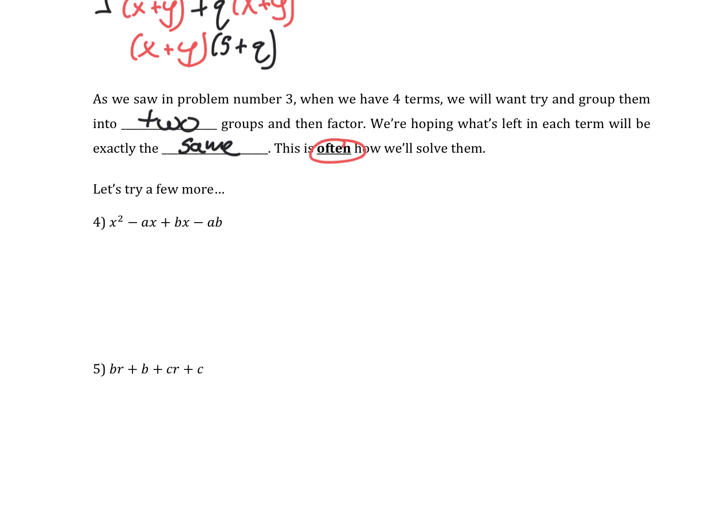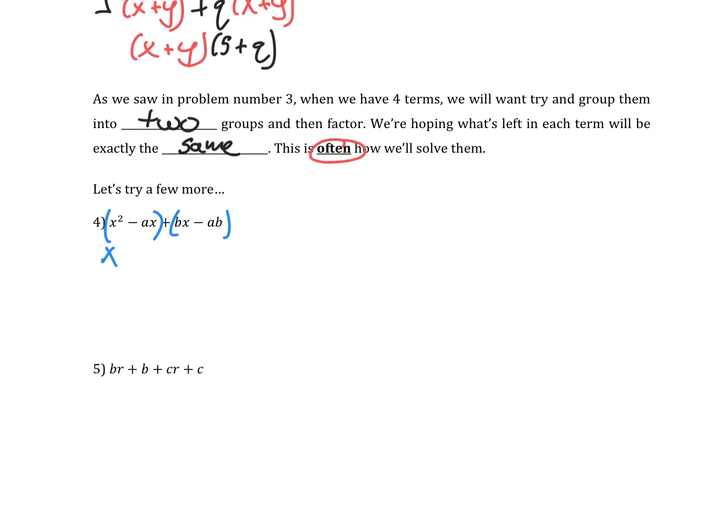So let's start with x squared minus ax plus bx minus ab. And let's factor by grouping. So let's put in those parentheses around the first two terms and the next two terms. And start by thinking about what's common to the first two terms, x squared and ax? Well, what's common is x.